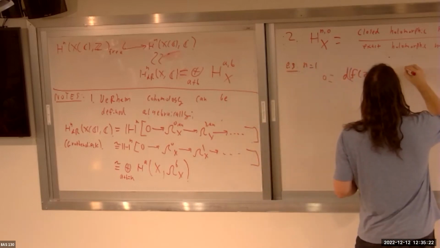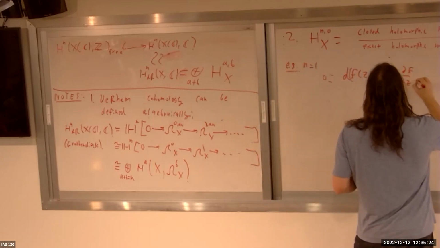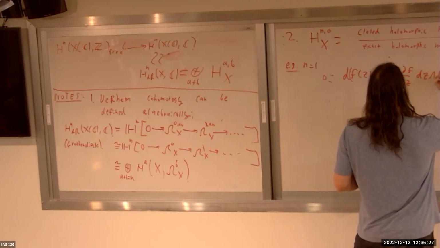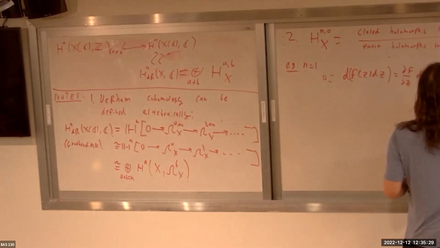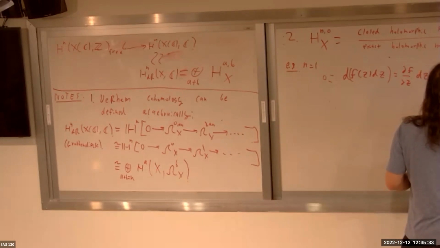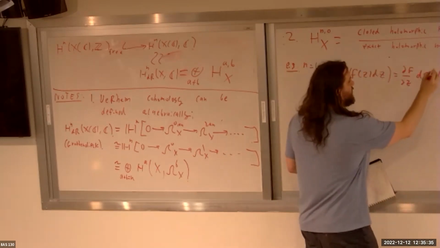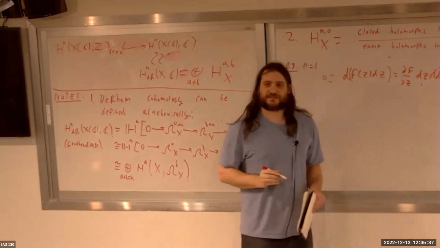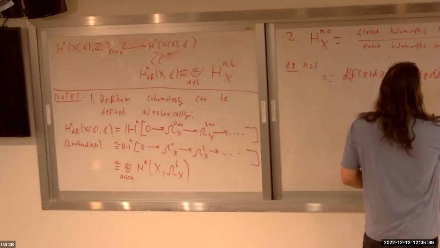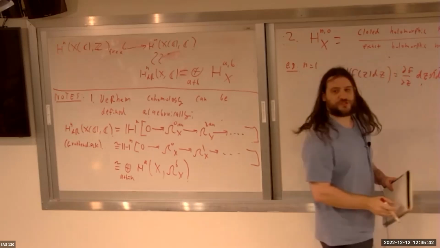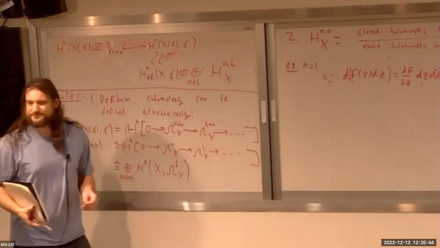And this is (df/dz) dz wedge dz plus (df/dz-bar) dz-bar wedge dz. This vanishes automatically. This does not, and so this has to be 0, which exactly means that f is holomorphic.